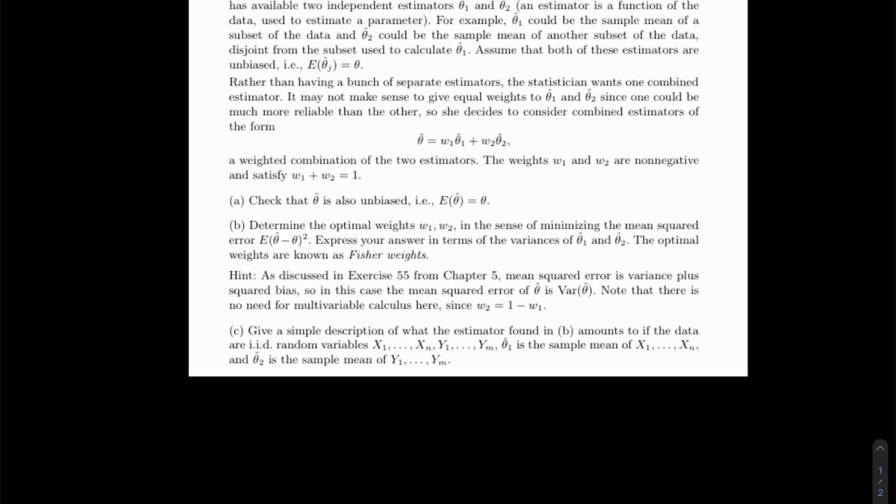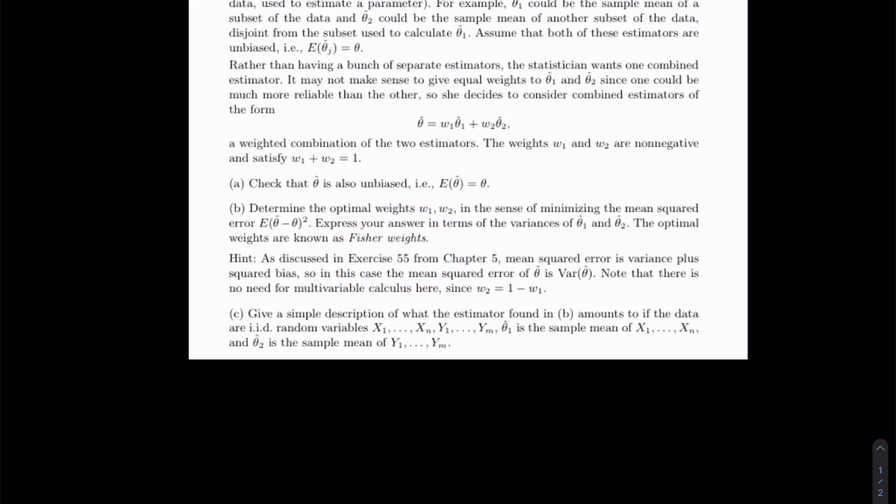We are asked to check that this phi hat is also unbiased. Then we're going to determine the optimal weights, and then give a simple description of what the estimator amounts to in terms of the data.